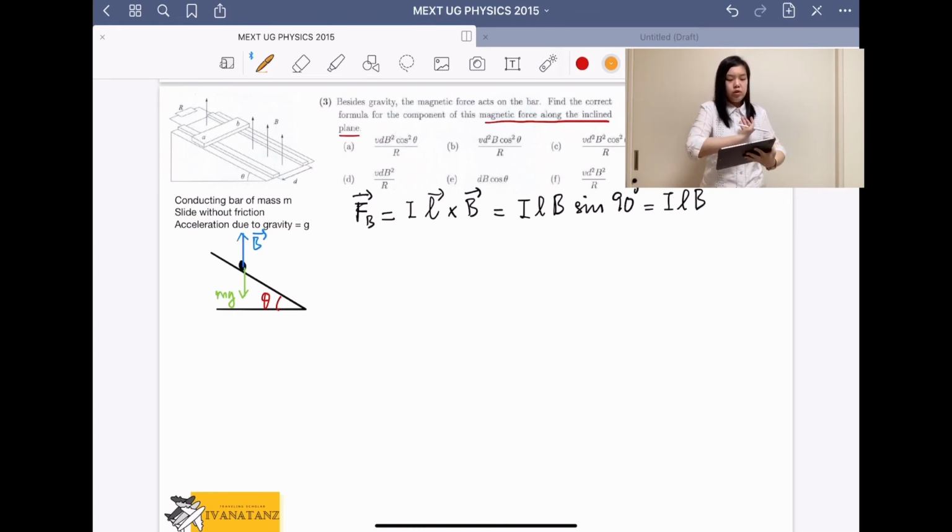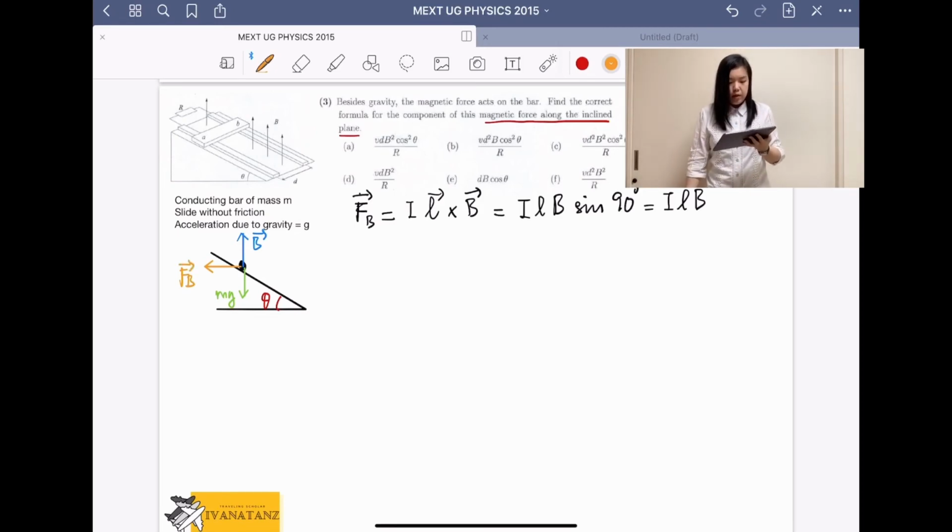Put your hand without the thumb towards you, and then move it to the B side. Then the thumb is going to the left. So that is the direction of FB.